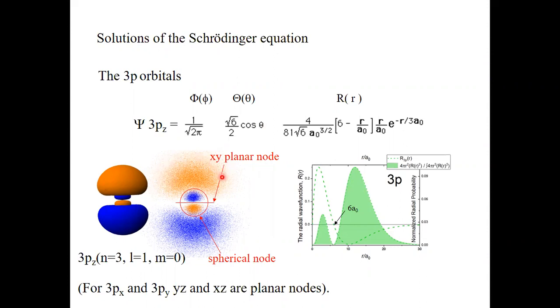We have again this dumbbell shape, which is induced by the xy planar node. In addition to that, these two dumbbells are further divided into two parts with different algebraic signs. Here the first part, and here the second part. And here again the first part, and here the second part, due to the presence of the spherical node, which now defines the overall shape of our 3p orbital.